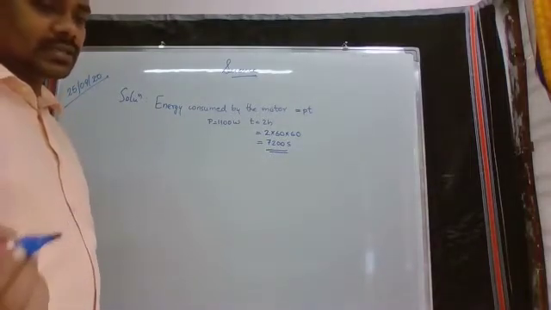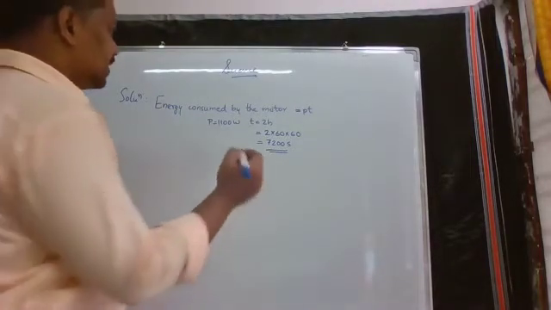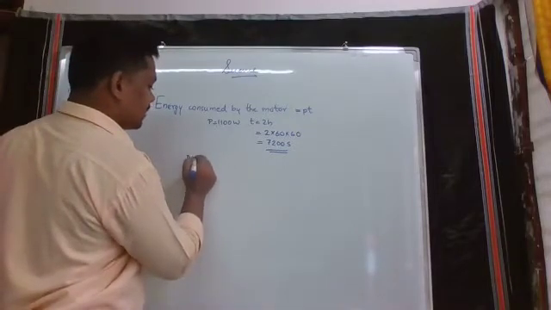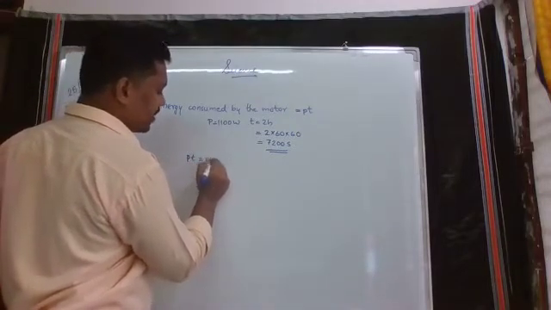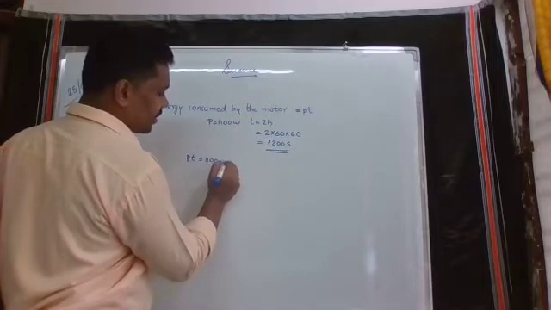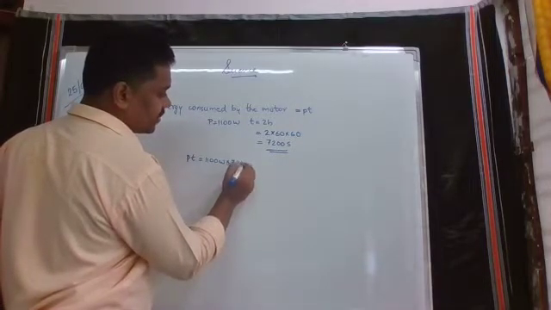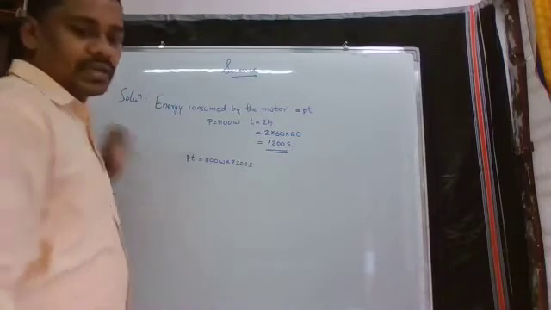That is, energy consumed is equal to PT, which is 1100 watt into 7200 second. Is it right?